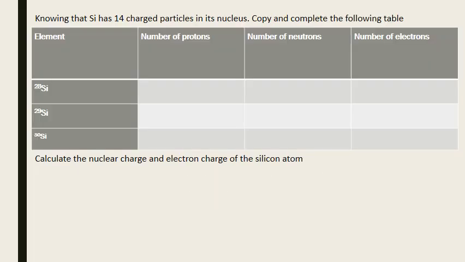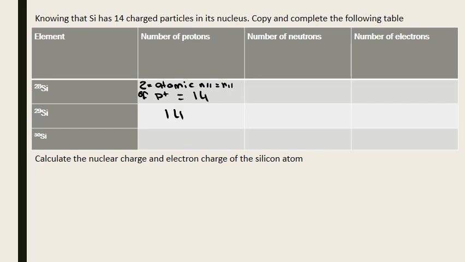Knowing that silicon has 14 charged particles in its nucleus, copy and complete the following table. Now we know that it's 14 charged particles, so Z equals atomic number, which equals number of protons, so that equals 14.